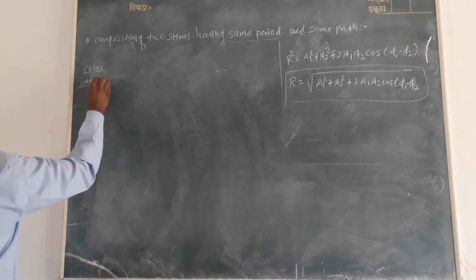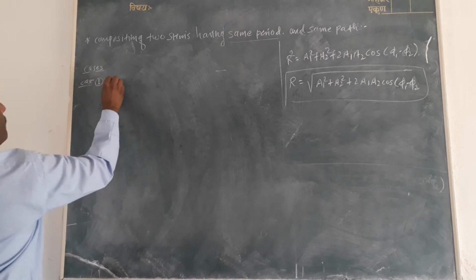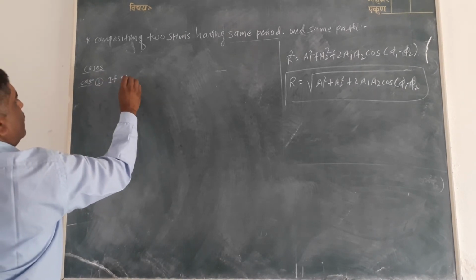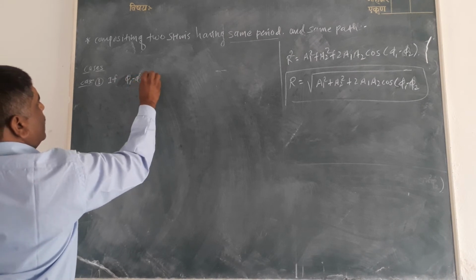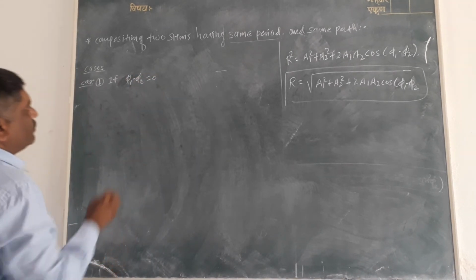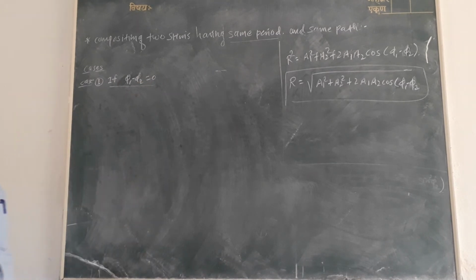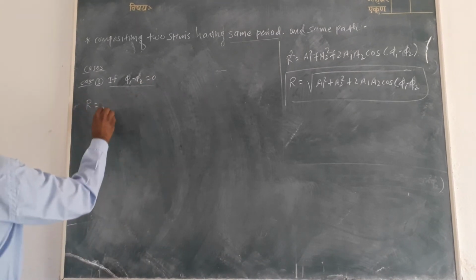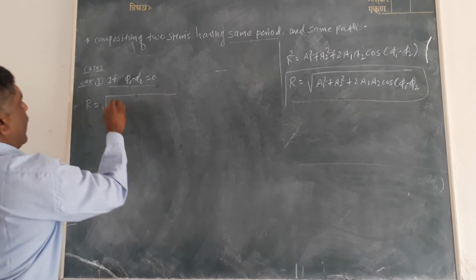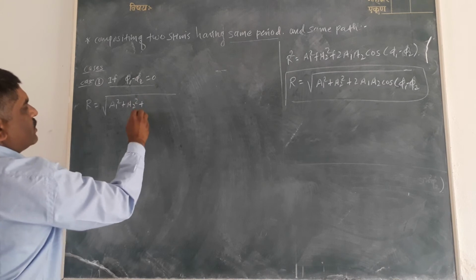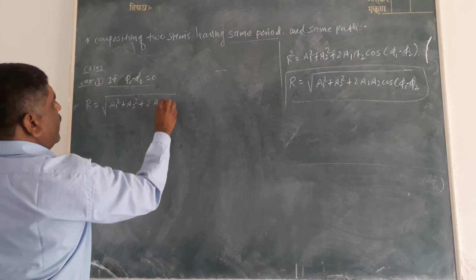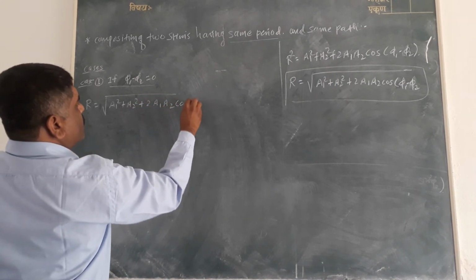Case 1. If phi 1 minus phi 2 is equal to 0, that is this phase difference is equal to 0, therefore what is the resultant amplitude? R is equal to under root A1 square plus A2 square plus 2A1A2 cos 0.